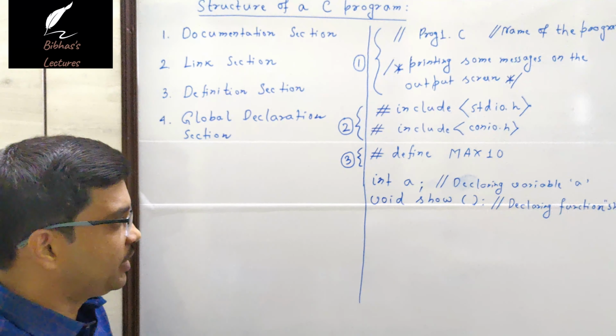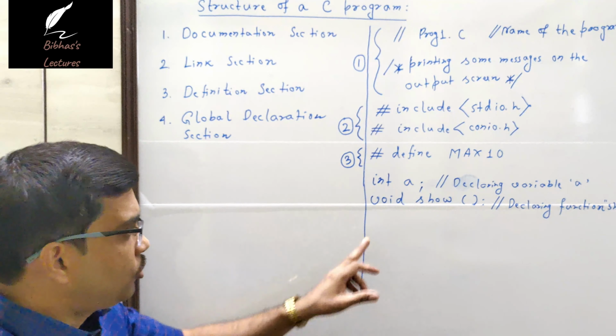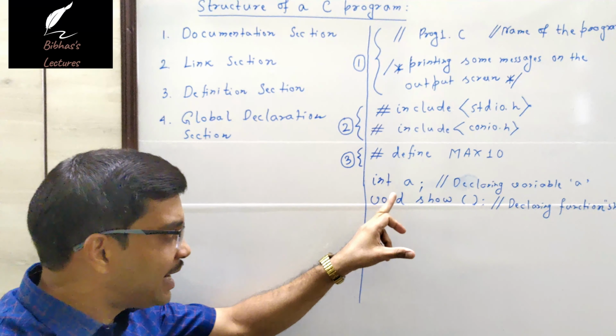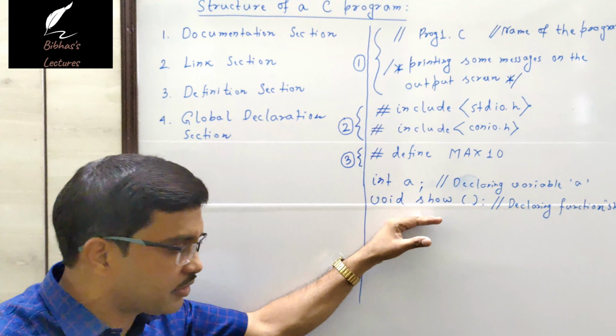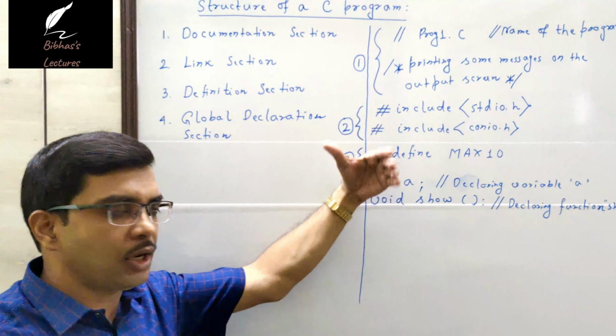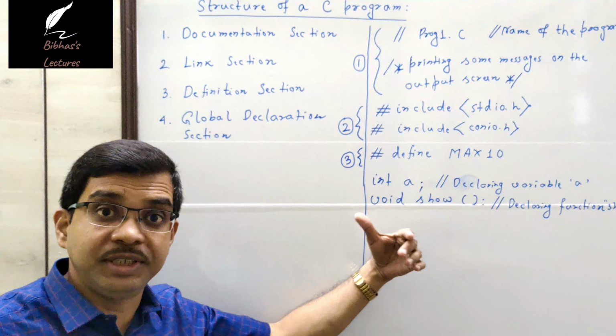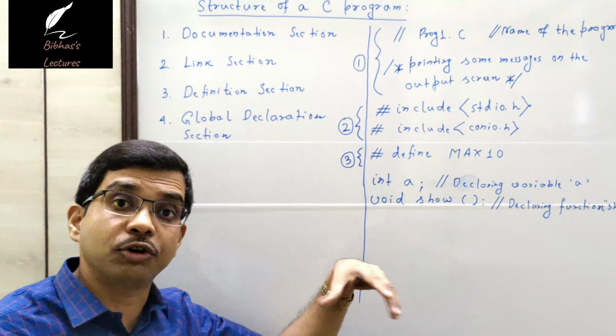What is important is that both the declaration of the variable and the declaration of the function have been done outside the main function. We have not yet started the main function. So it has been declared in the global section.